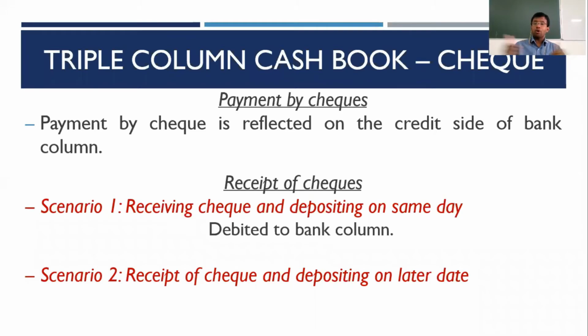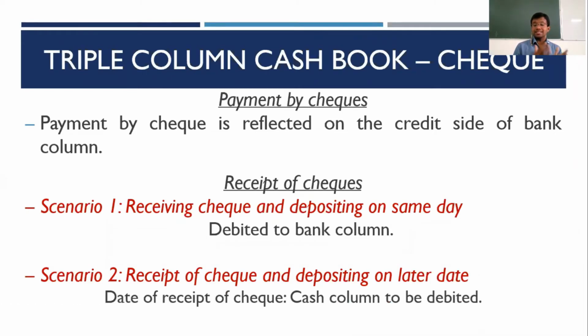So you would collect all the checks together and then visit the bank and deposit all the checks together. So the second scenario is you're receiving the check on a day, but the deposit of the check into the bank will happen on altogether a different date.